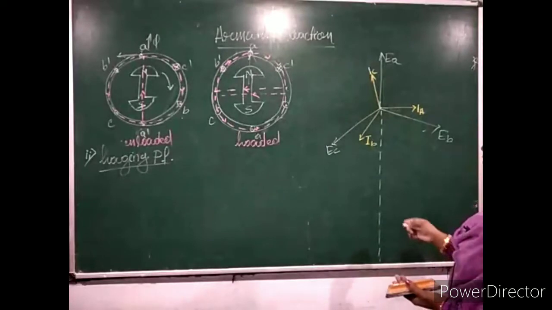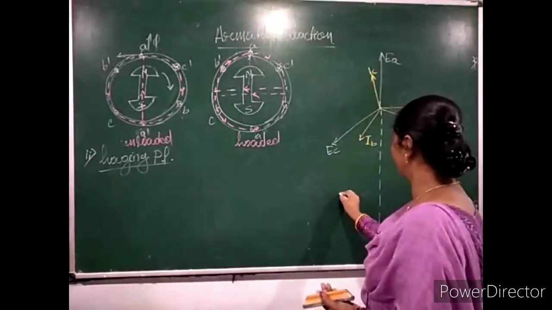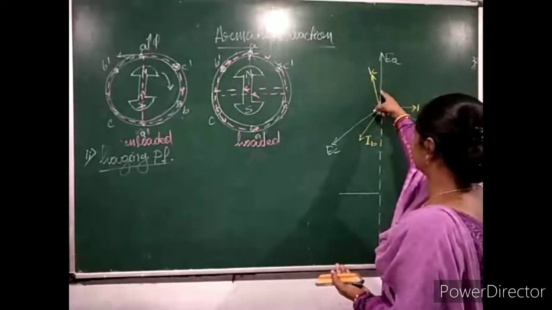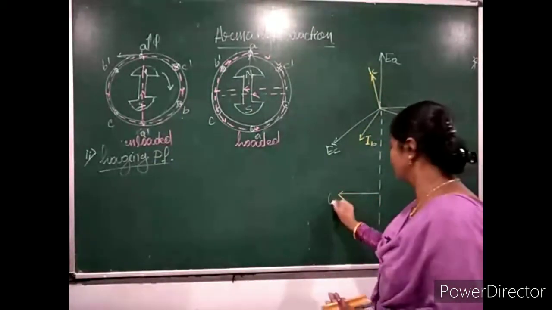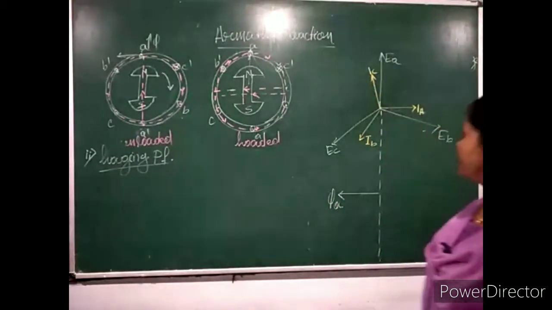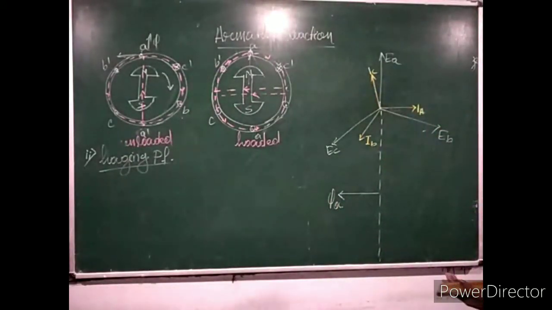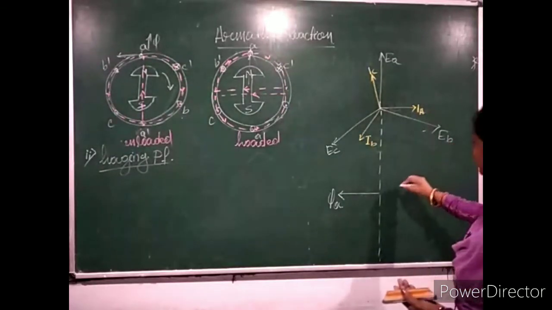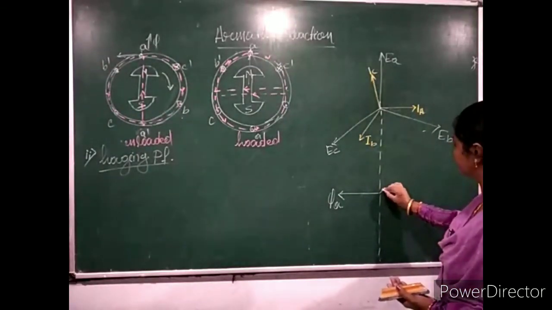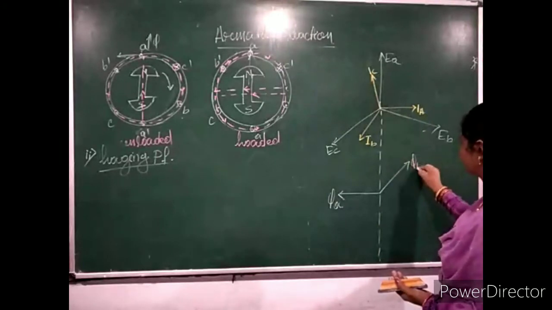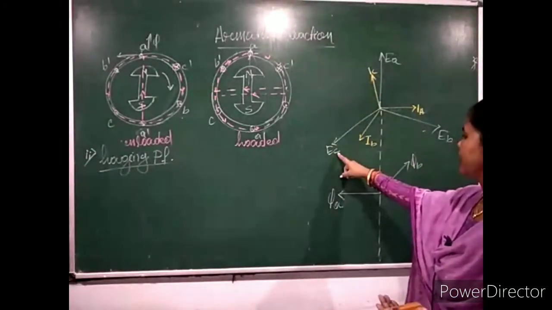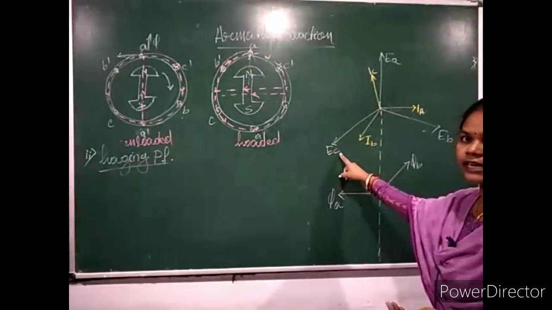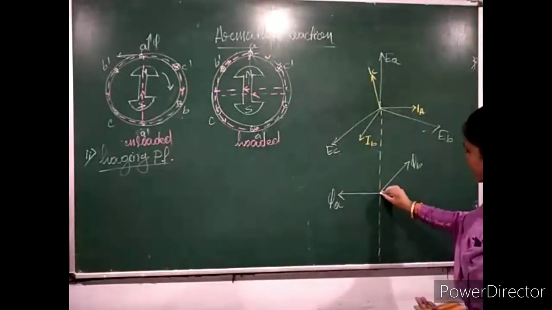I draw here the phasor for flux. For phase A, its flux leads by 90 degrees. For phase B, its flux leads by 90 degrees. For phase C, its flux leads by 90 degrees.